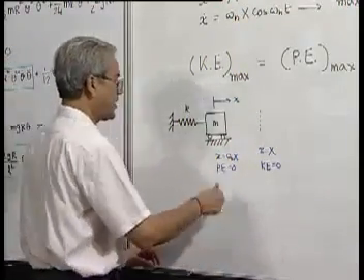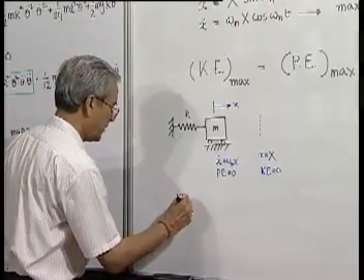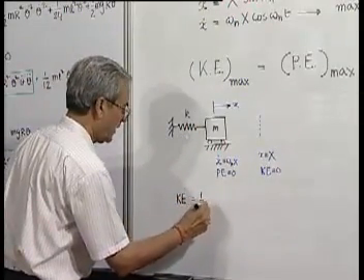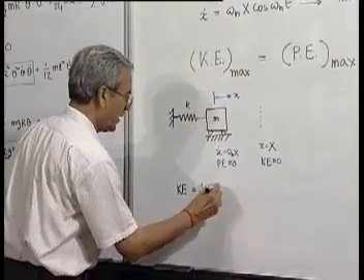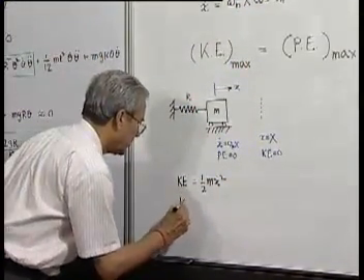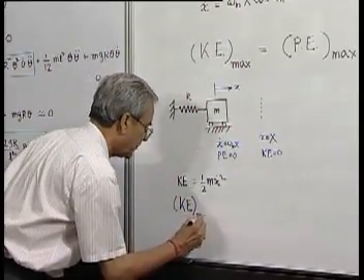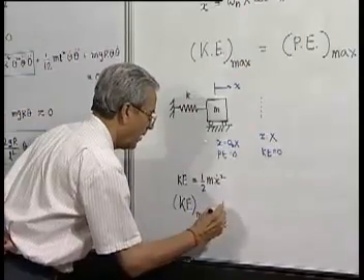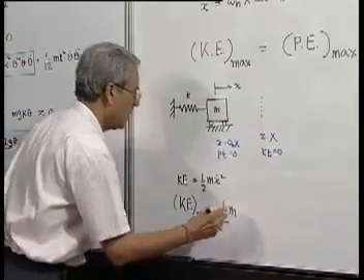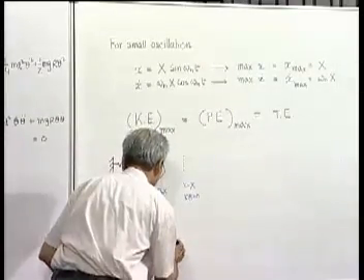So what is the expression for kinetic energy? Half m x dot square. So Ke max is going to be half m, where x dot's maximum value is omega n X.